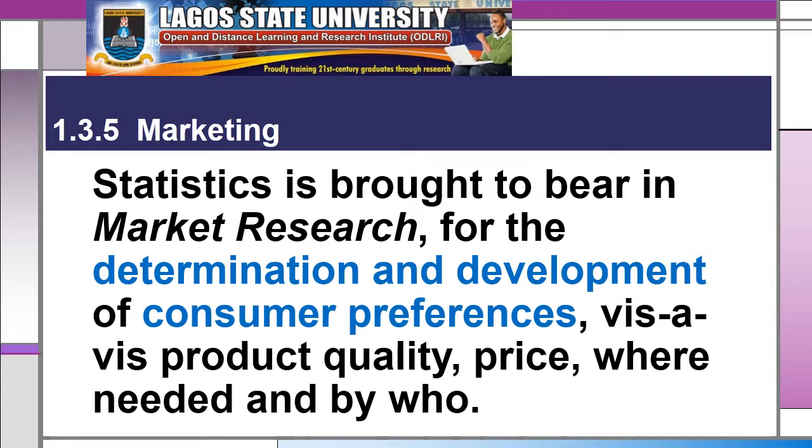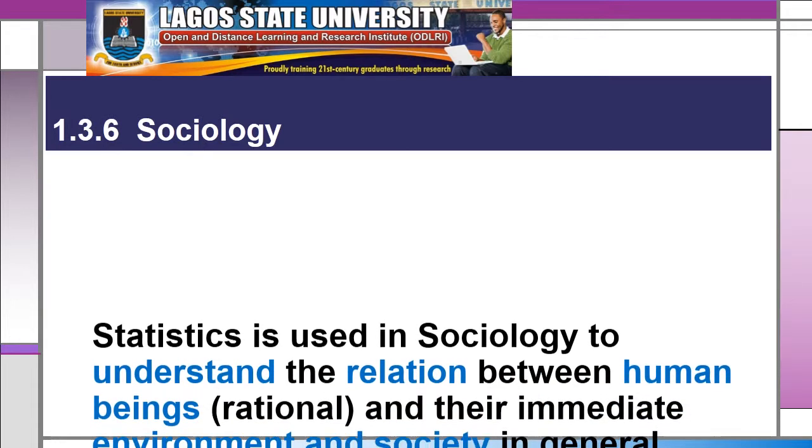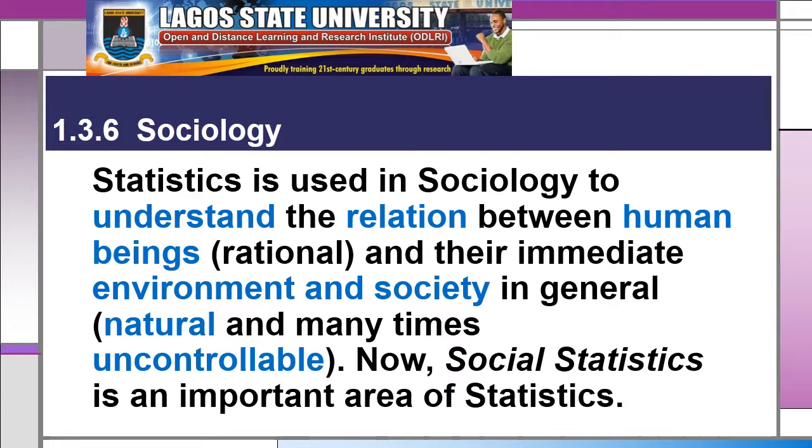That's where you want to know the preferences of consumers in the quality of products or services, and then in their pricing. Now in sociology, where the relation between human beings and their immediate environment is being studied, statistics is of high necessity.